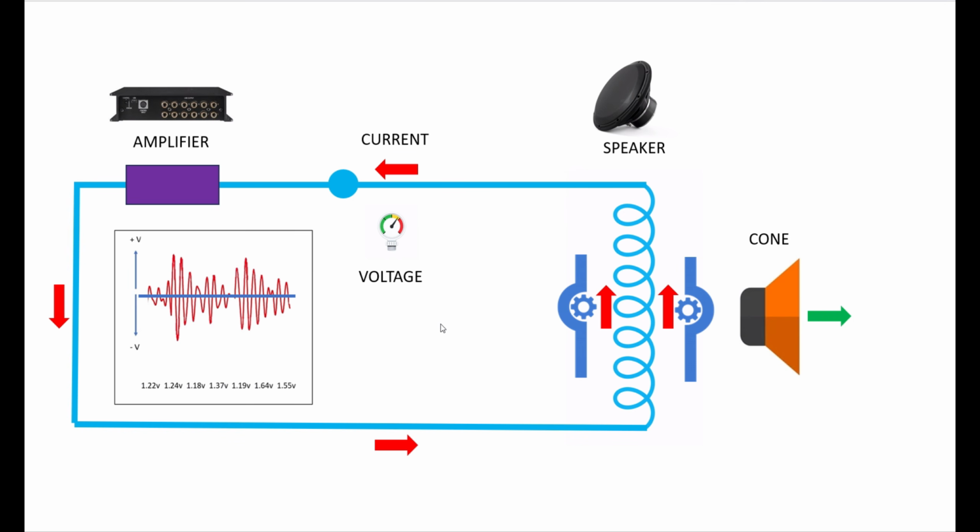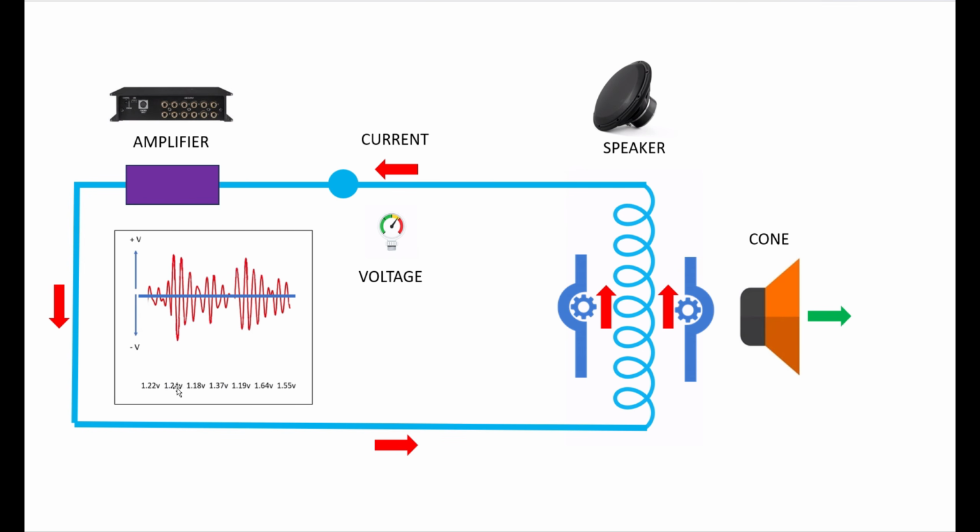Now what this means is you can change the direction of the current, depending on whether that audio signal is a negative voltage or a positive voltage, and you can change the strength of the signal depending on whether it's a high voltage, say 3 volts, versus half a volt, right? And that's essentially what an audio signal is.